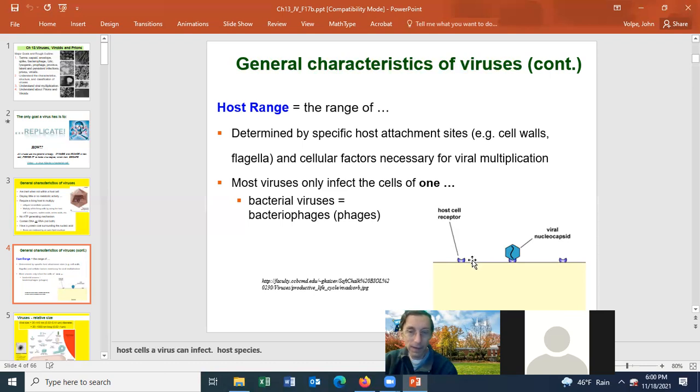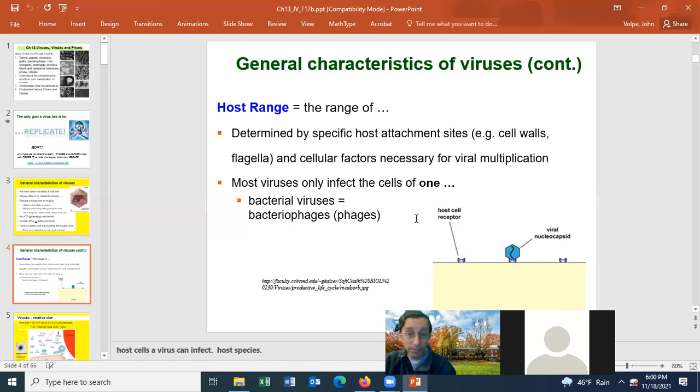Every once in a while, they can infect cats and dogs, depending on the flu. And then they can also infect many birds. So there are some which don't follow that pattern, but most viruses do.